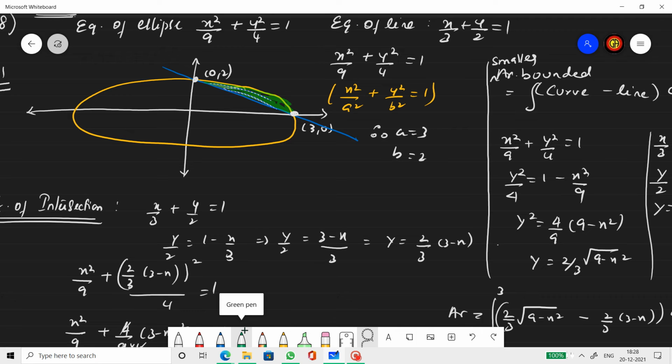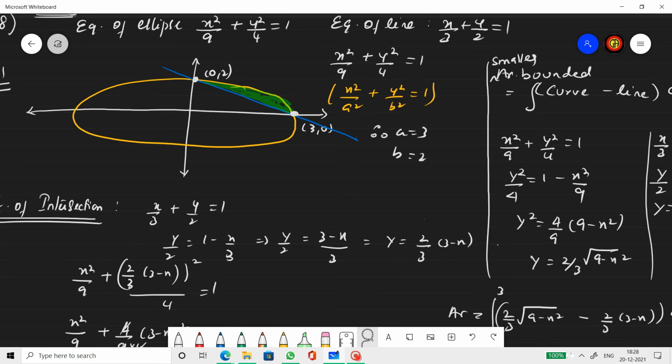So this is the area that we need to find. In order to find this area, it is curve minus the line, because the curve will give us this area and the line will give us this area when you do it for the x-axis. So curve minus line will give you the area bounded by the line and curve.